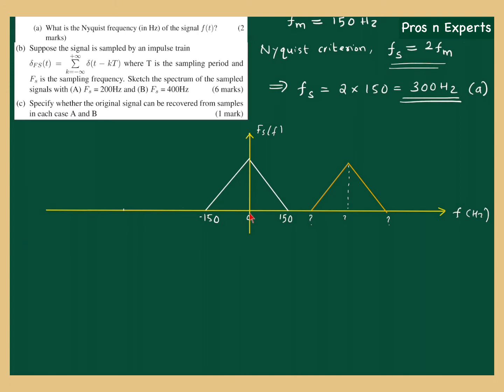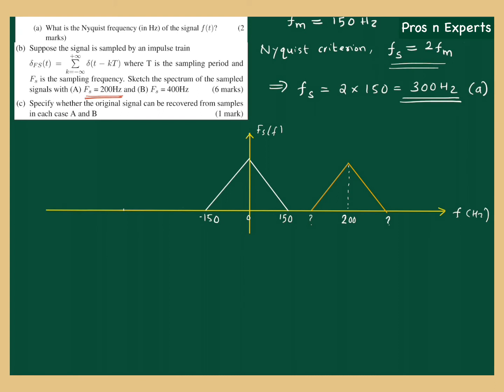From the middle of the first spectrum to the second replica, the value will be fs, that is the sampling frequency. In the first question you are asked to plot it with fs as 200 hertz. So this is 200 hertz.